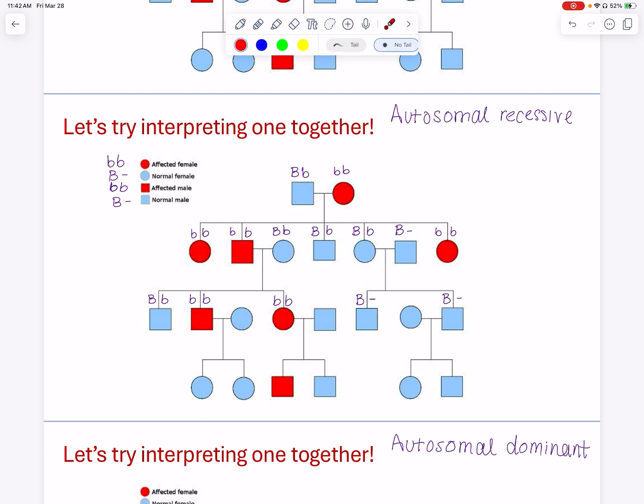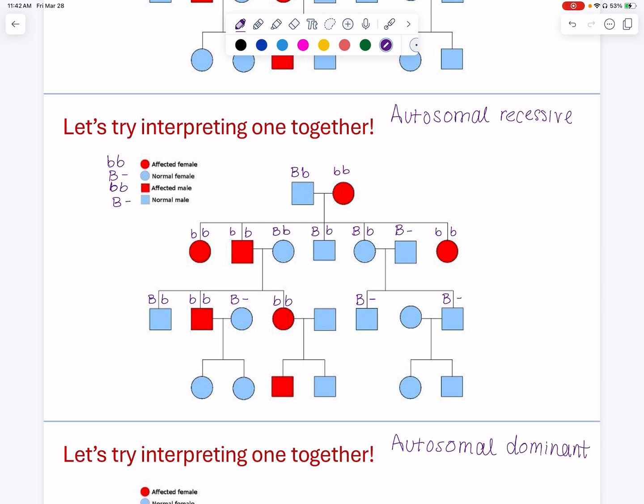Alrighty, if we visit our last generation here, let's look at these two parents. If we see that the kids are both normal, that might lead us to believe that mom here is possibly big B, big B. Now, ultimately, we can't confirm that 100%.